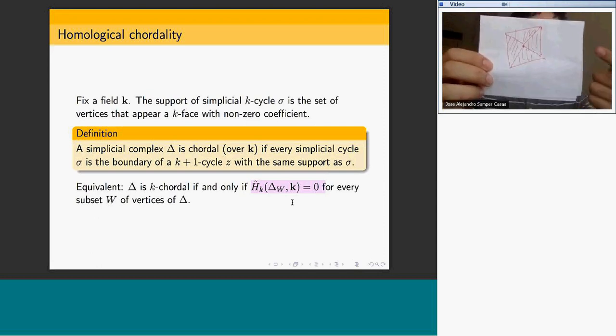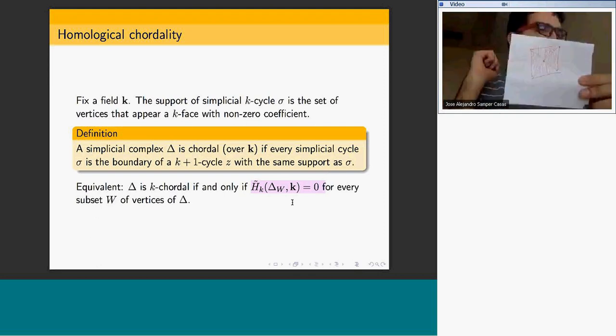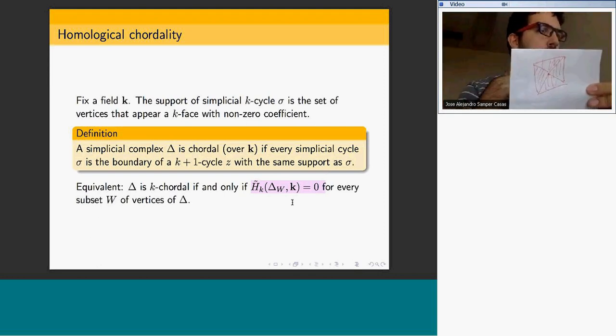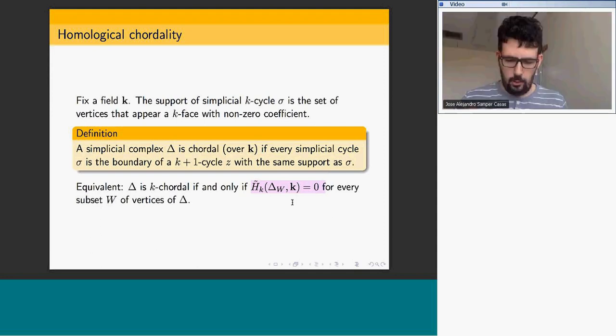That has vanishing first reduced homology, but it's not chordal, because take the induced subcomplex on the boundary of the square, you get a square which has non-trivial homology. You get a circle. Yes. Thank you for the question.